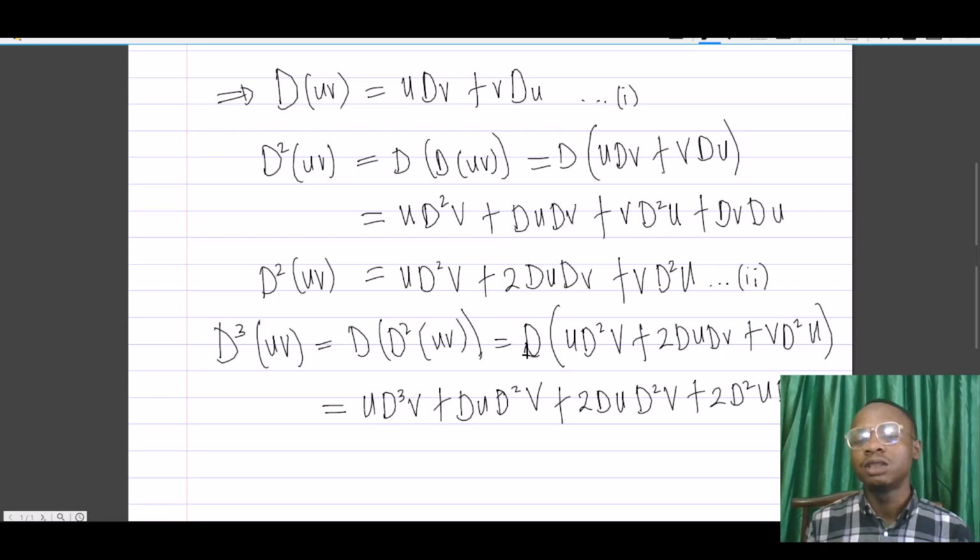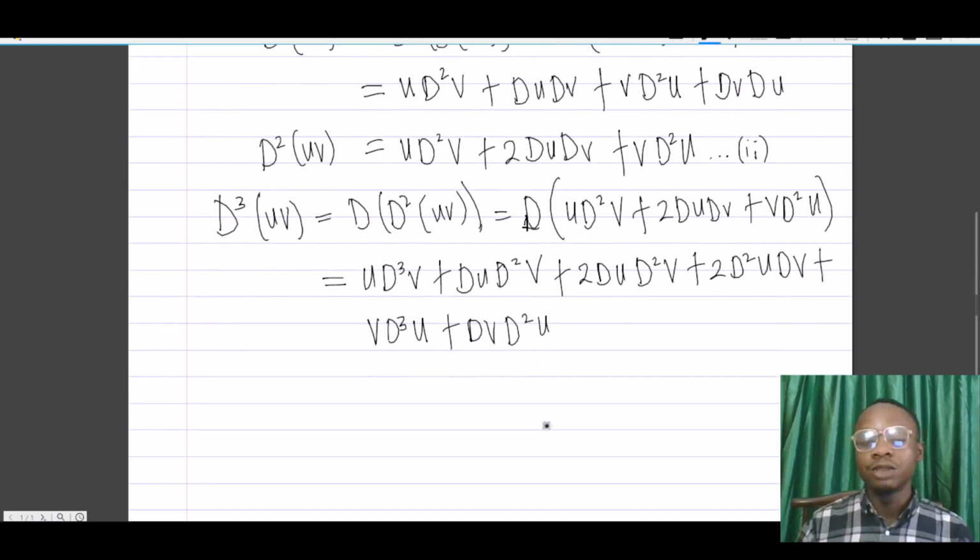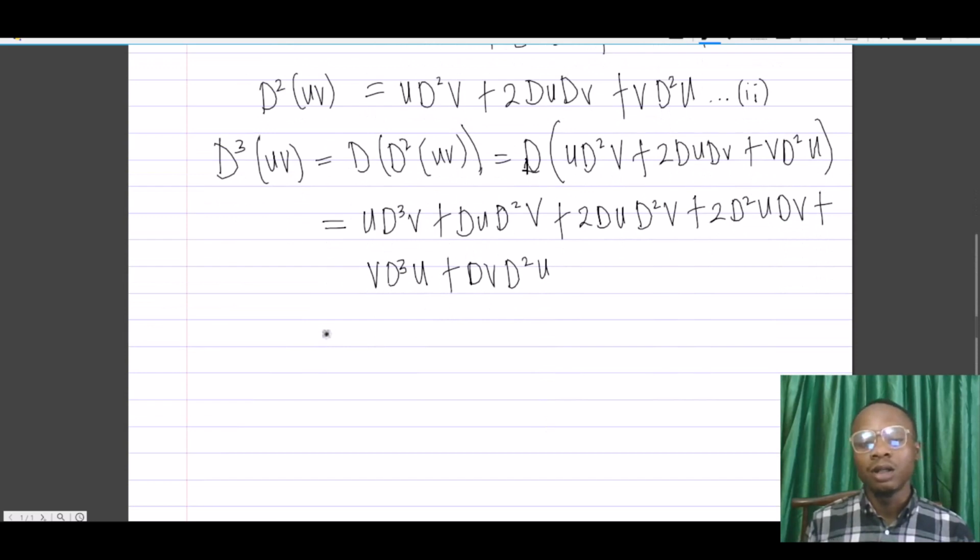Then we differentiate this last term, so we can keep v as constant and differentiate the square u, that will be v multiplying the cube u. Then keep the square u as constant and differentiate the v, that will be plus the v multiplying the squared u.